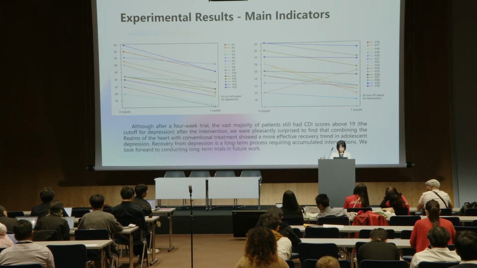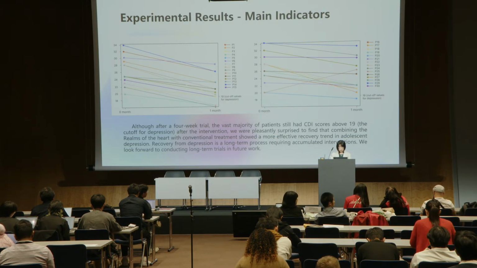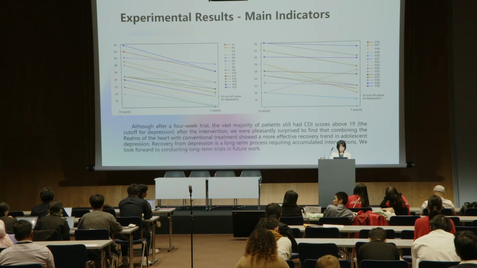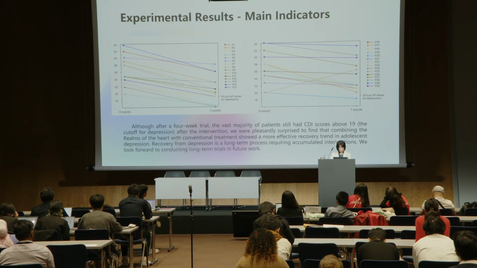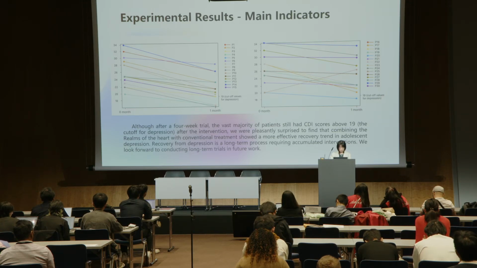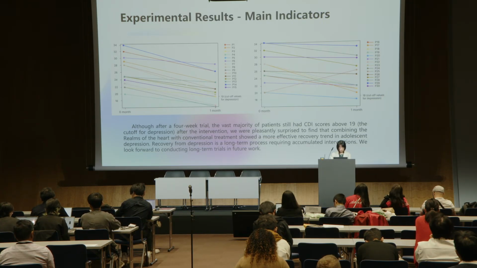Although after the 4-week trial, the vast majority of patients still have CDS scores above 90, and 90 is the cutoff for depression, we find that everybody's scores have increased. This is very great, and we look forward to conducting long-term trials in future work.